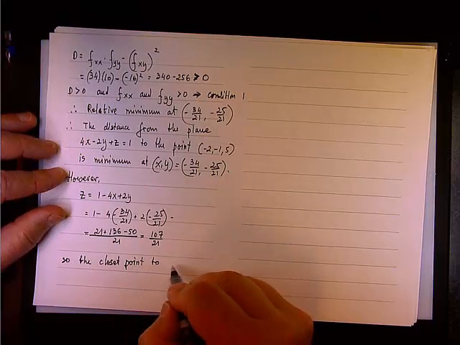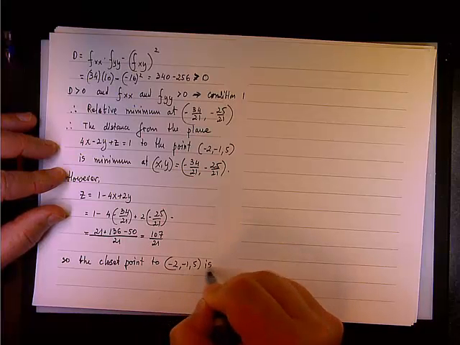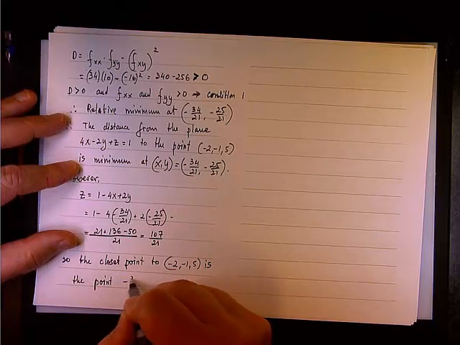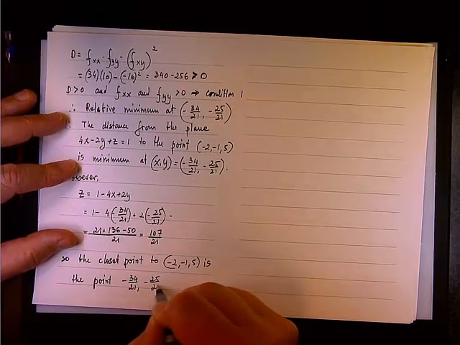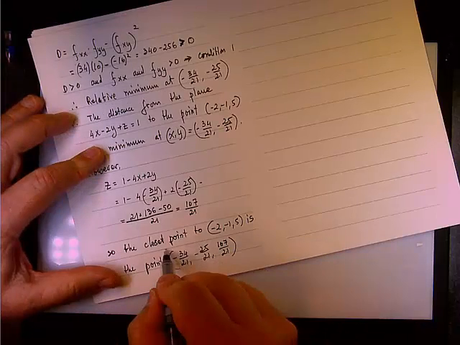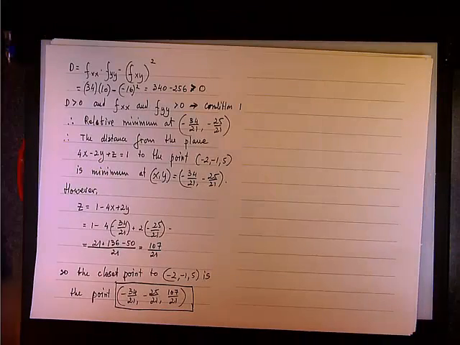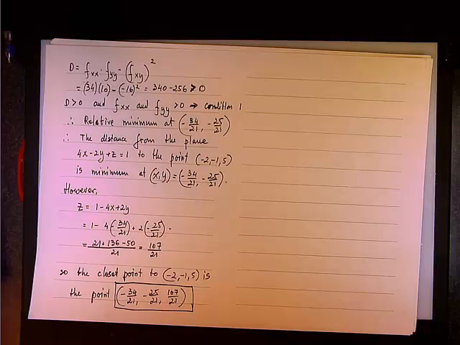So the closest point to negative 2, negative 1, and 5 is the point, and now we are done. The point negative 34 over 21, negative 25 over 21, and 107 over 21.